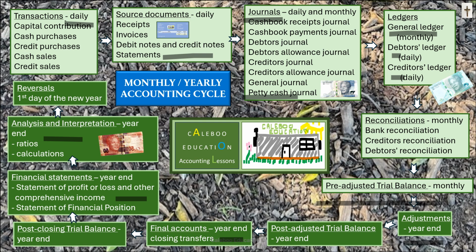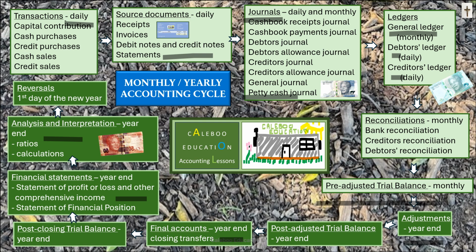The general ledger is done on a monthly basis. In the debtors and creditors ledger, the accounts in those 2 ledgers, the transactions are posted on a daily basis. So we keep running balances of what debtors owe us, accounts receivable, and what we owe creditors, accounts payable.